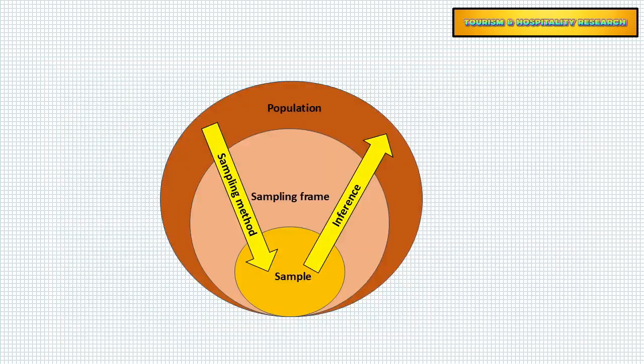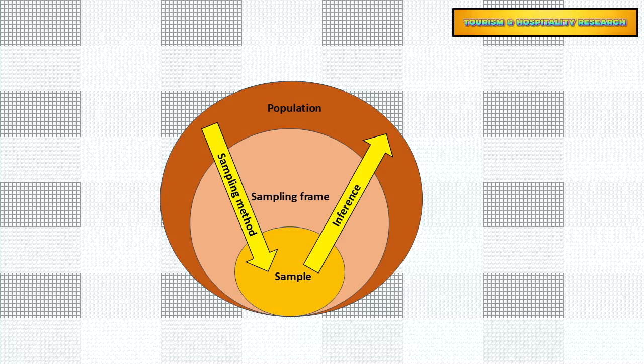Here I have drawn a very simple diagram for you to understand the concept of sampling. The entire population of interest on whom I plan to do my study, for whom I want to infer the results, that large mass of people is known as population.